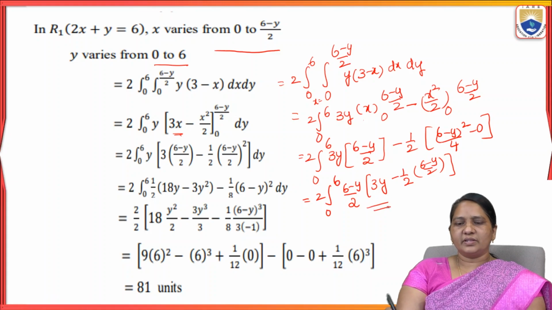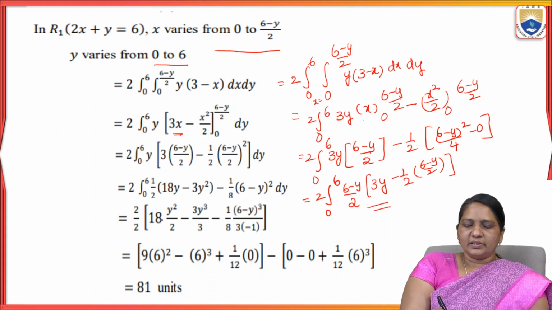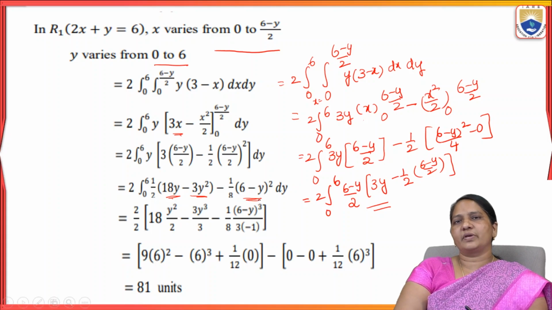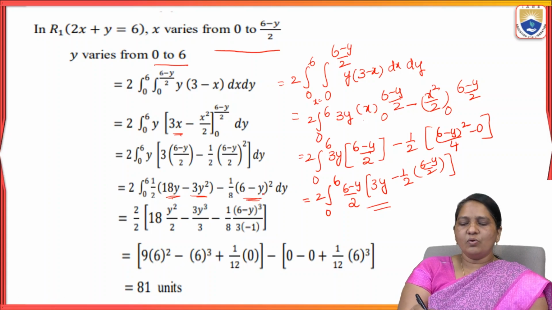When you simplify this, we get 1 by 2 into 18y minus 3y square minus 1 by 8 (6 minus y) whole square. So when you simplify this, now I can do the integration with respect to y.